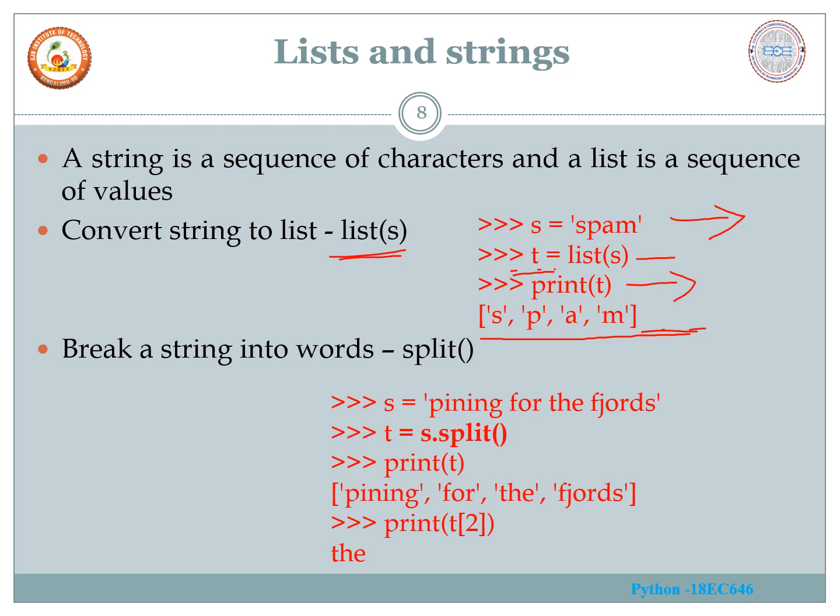Now you have to avoid using this name list as a variable name, because it is a built-in function. Now when you use this list function, this is going to break the string into individual letters.